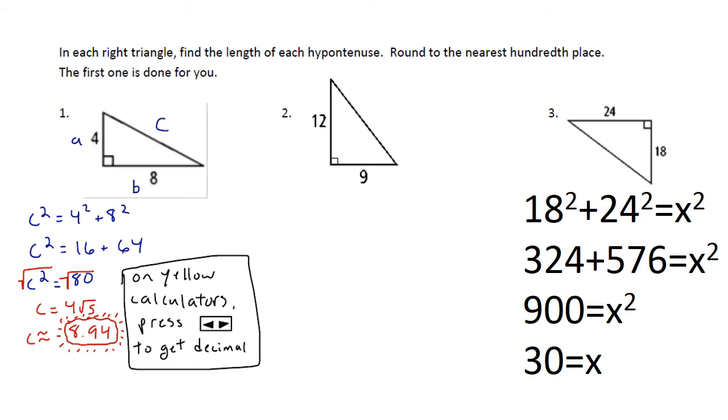For number 3, you take the two legs, 18 and 24, square them to get 324 and 576, then add them together, and then square root it to get 30.